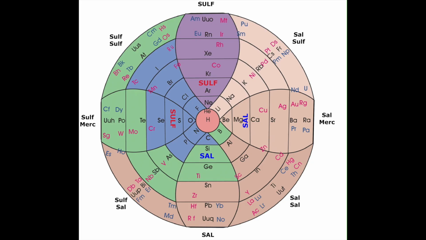if we look at this salt and sulf here as an axis, then we have these three arms down each side here, and we can start to see that this is salt over here, and sulf over there.